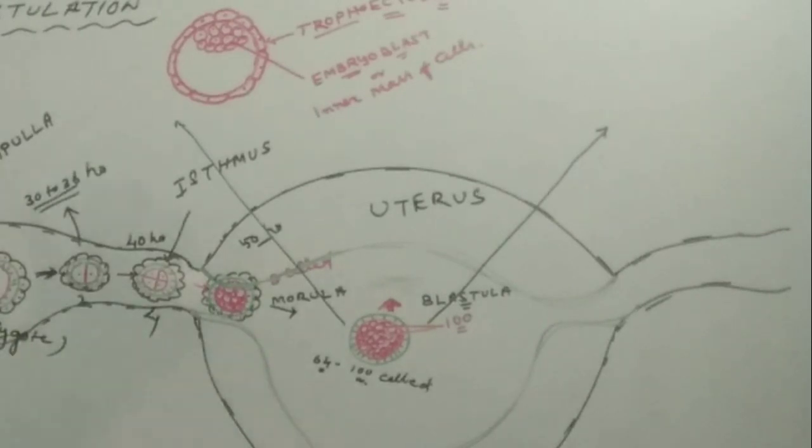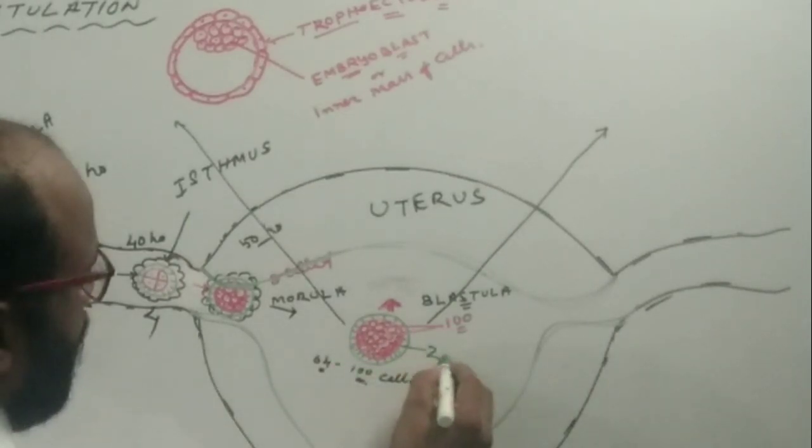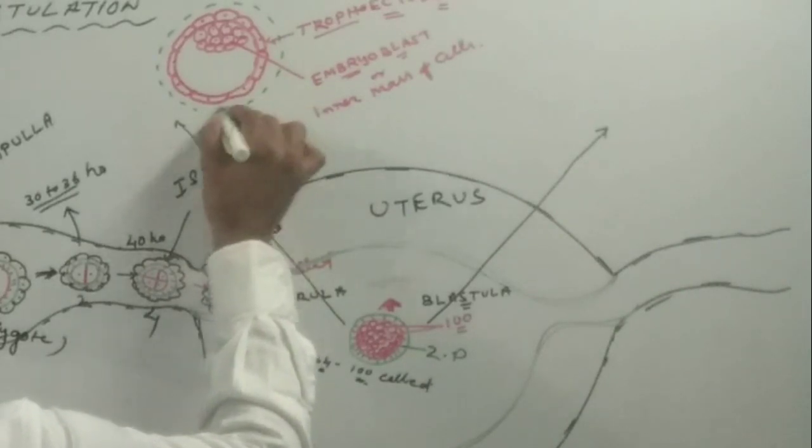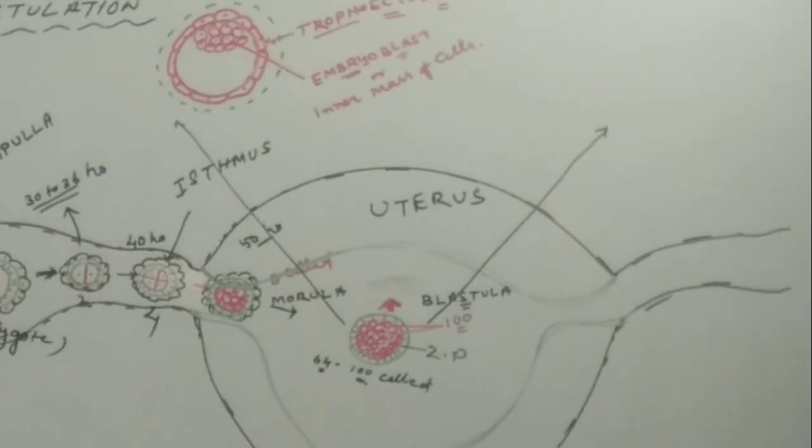At the time of blastulation, first there is disintegration of the zona pellucida, so there is no zona pellucida.